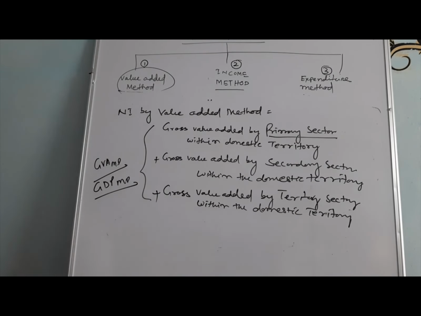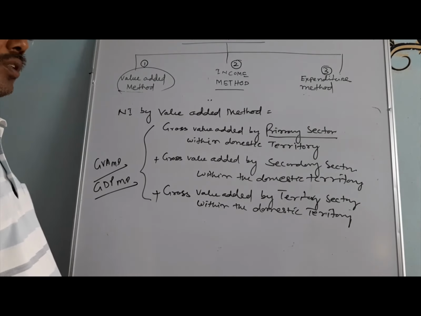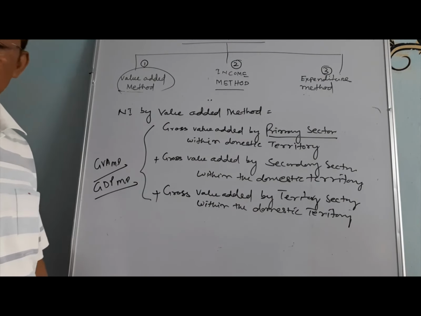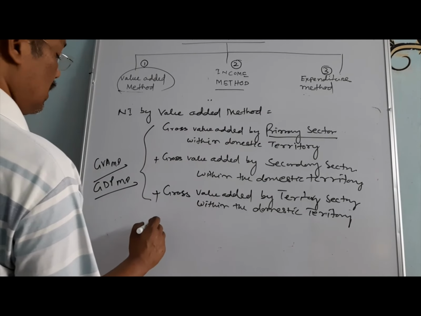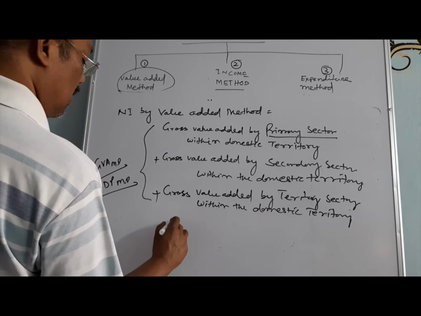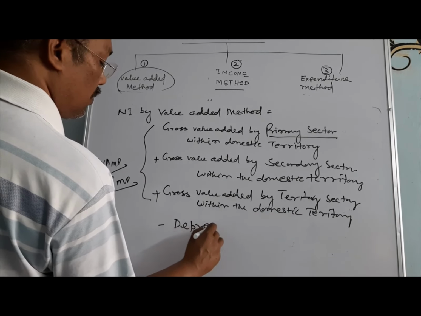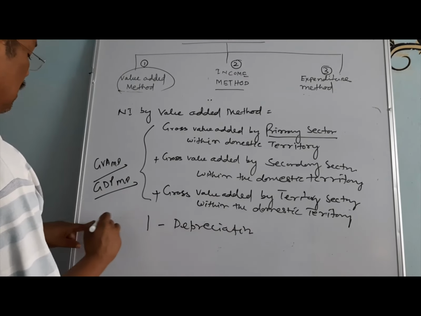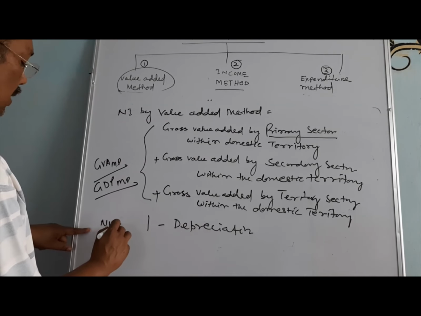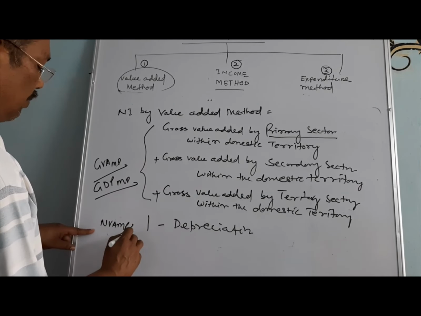Three components I will say: net indirect taxes, depreciation, and net factor income from abroad. Minus depreciation, what will we get? Net value added at market price, or NDP at market price.